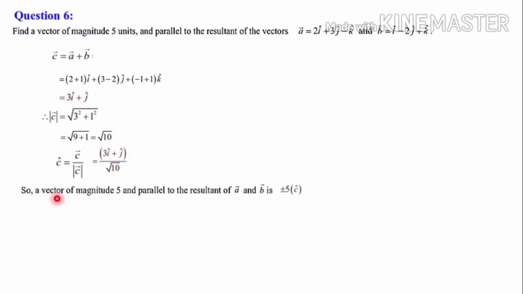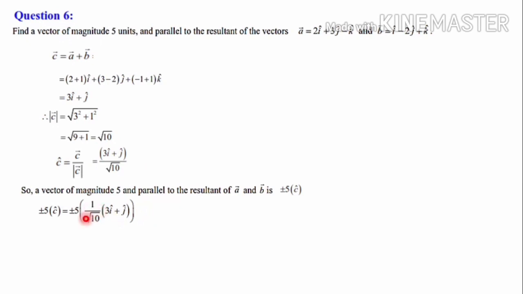Here a vector of magnitude 5 and parallel to the resultant of vector A and B is, as I mentioned before, plus or minus 5 into C cap. That is equal to plus or minus 5 into C cap, where we have calculated C cap as 3 I plus j cap divided by root 10.